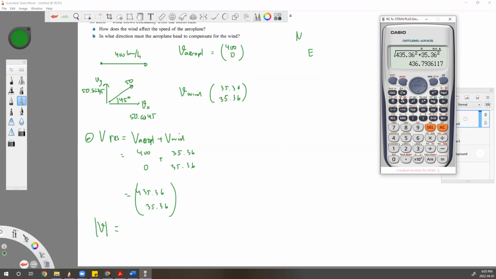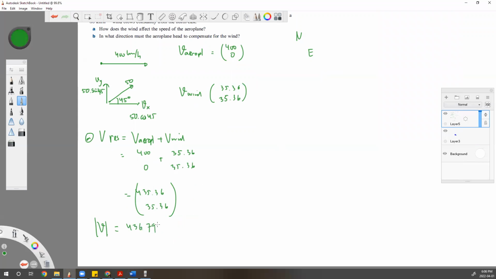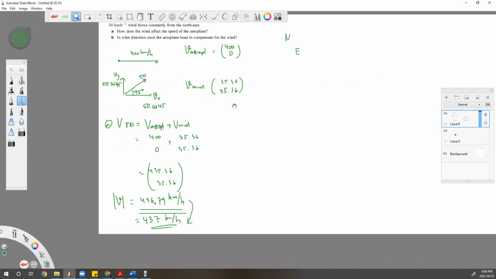That is 436.79 kilometers per hour. What's the answer, Vicky? They rounded it up. It's 437. Okay, same. So it's 437 kilometers per hour. Our answer is more accurate, but we have to make it to the IGCSE standard.